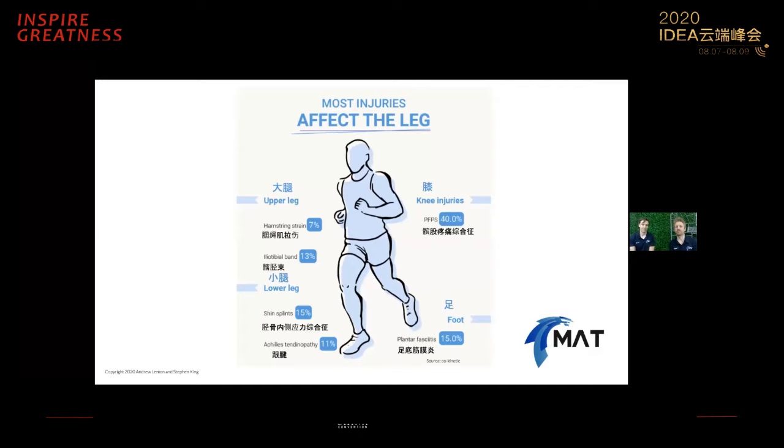As we can see from this graphic here, many injuries particularly also involve the knee.